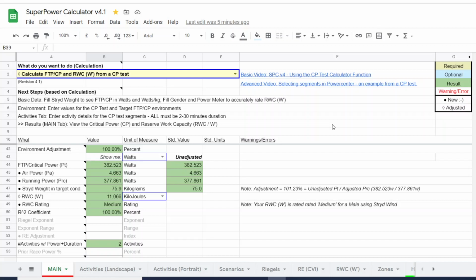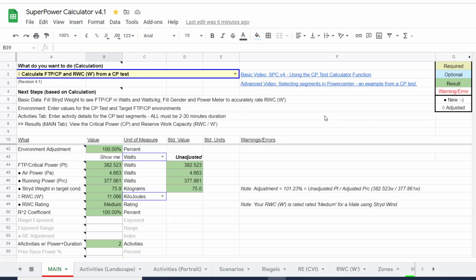To actually get the conversion factors, you have to test on a non-motorized treadmill and test outside. So you've got to test in both environments, as opposed to a motorized treadmill where you can make these calculations. So let me continue, but keep in mind that this is for a motorized treadmill.